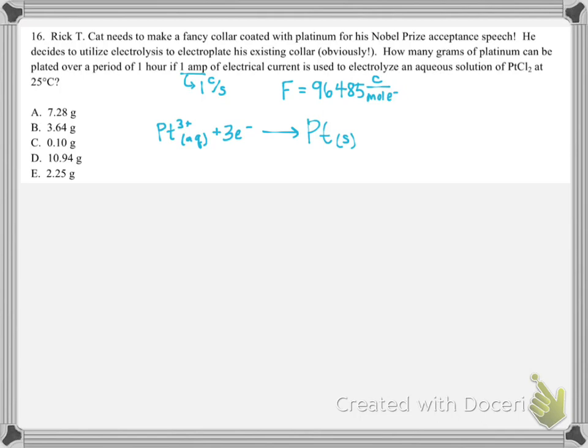So to start, I'm going to begin with the number that's just a constant, and that's my 1 hour. And then I'm going to convert that to seconds by saying there's 3,600 seconds in an hour.